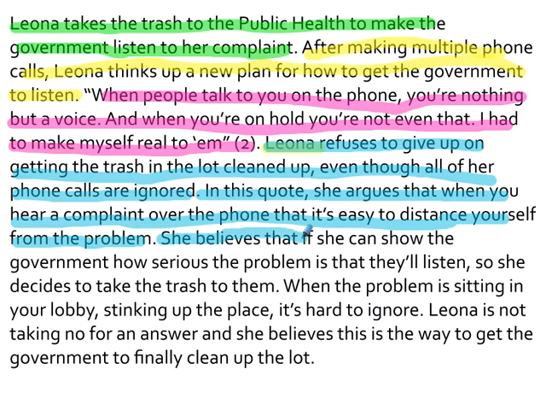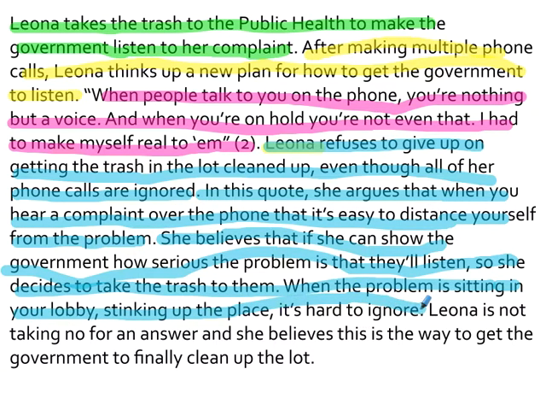She believes that if she can show the government how serious the problem is, they'll listen. So she decides to take the trash to them. When the problem is sitting in your lobby, stinking up the place, it's hard to ignore. I know my explanation looks long, right?